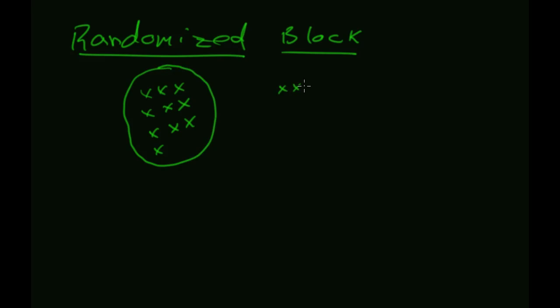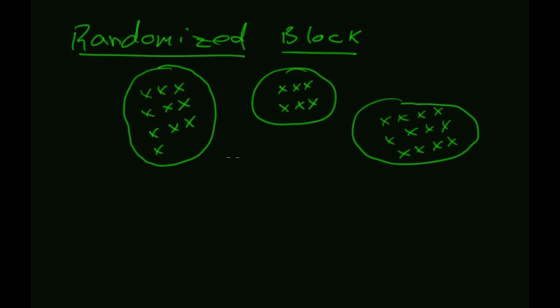Okay, and then I have another group over here who has another characteristic. Another group over here, and another group over here. So let's say maybe these people have an A blood type, maybe these people have a B blood type, maybe these people are AB in blood type, and these people are O. So these people may respond to my experiment differently because of their blood types.